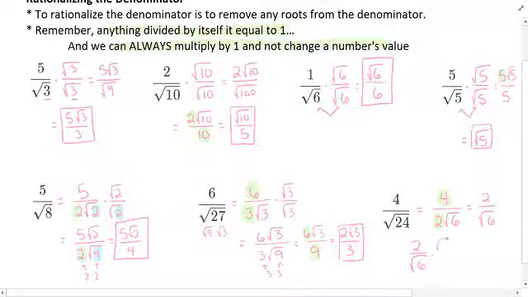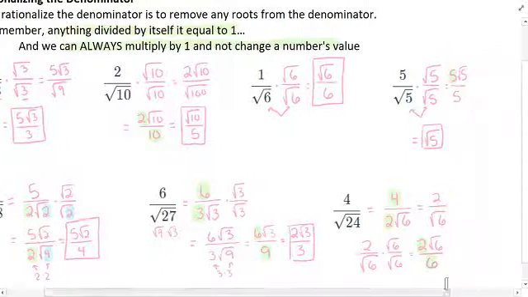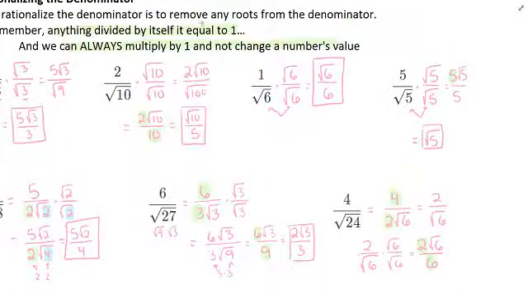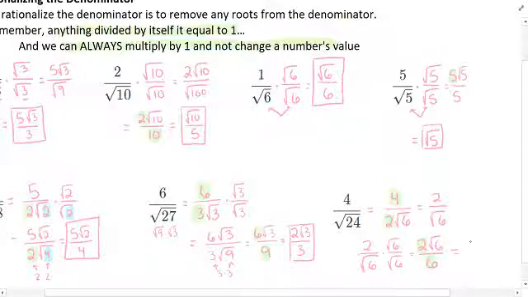So I'm going to multiply both the numerator and the denominator by the square root of 6. So this gives me 2 root 6 over 6. And take a looky here. I can, once again, simplify even more. So when I simplify that, I get the square root of 6 over 3. And that is my simplified answer.